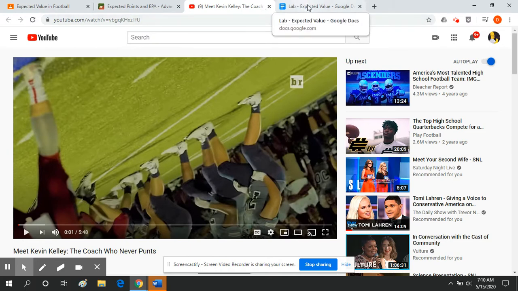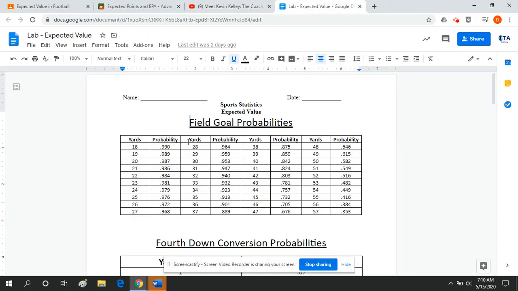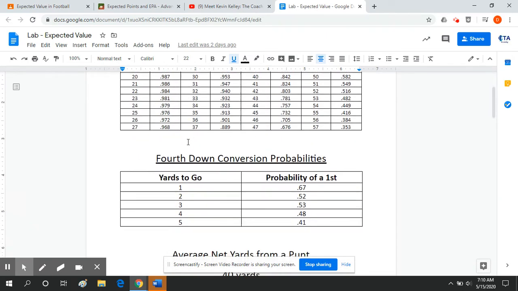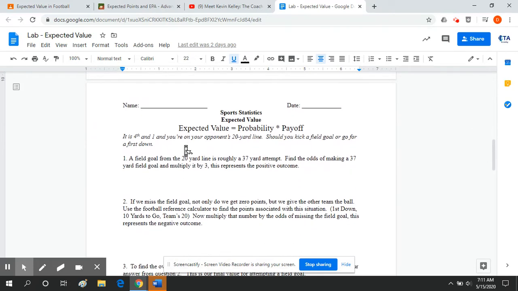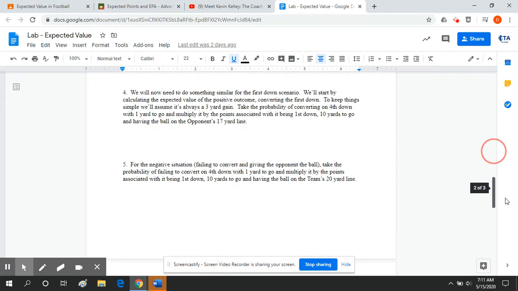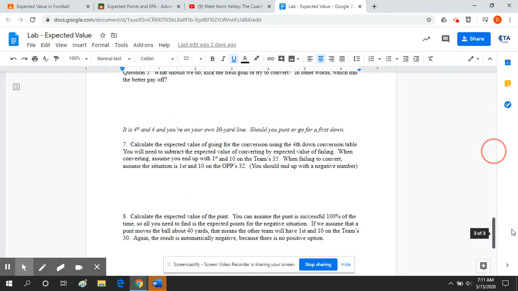What the lab involves is using this tool to analyze all sorts of situations throughout the course of a football game. For example, the first situation says it's 4th and 1, and you're on your opponent's 20-yard line. Should you kick a field goal or go for a first down? The next one is it's 4th and 4, and you're on your own 30-yard line.